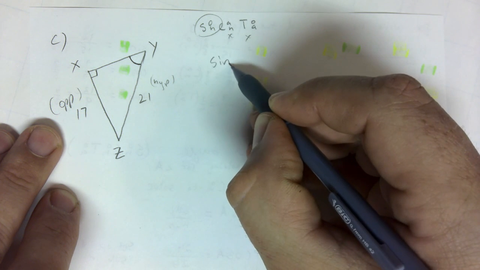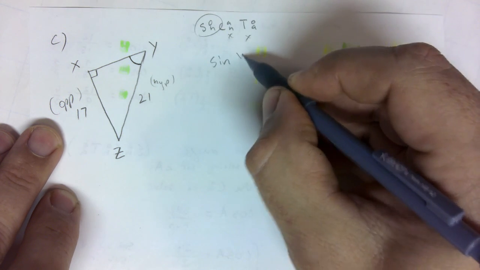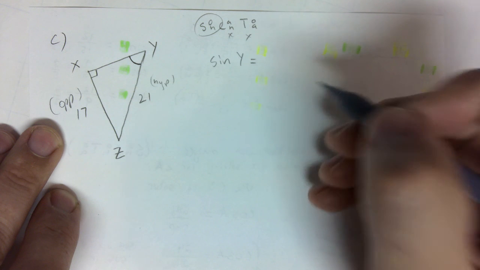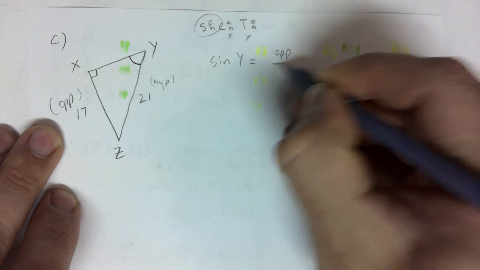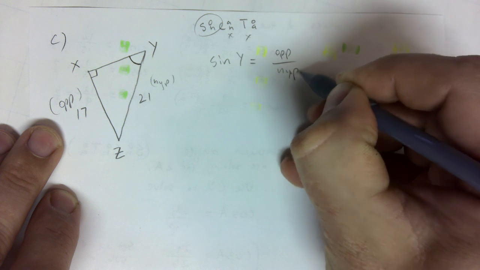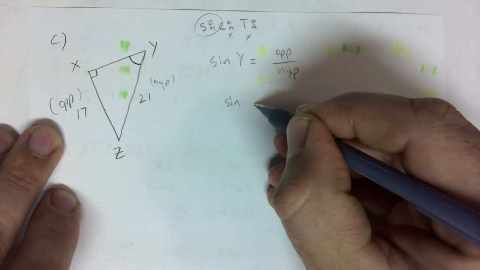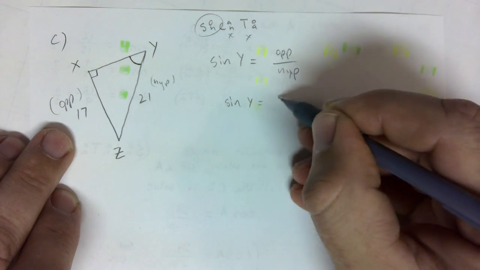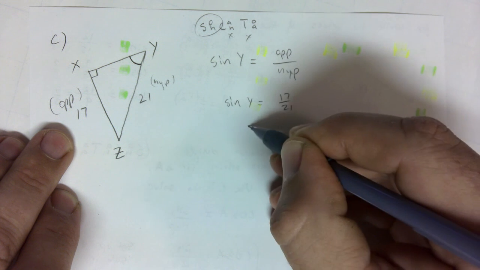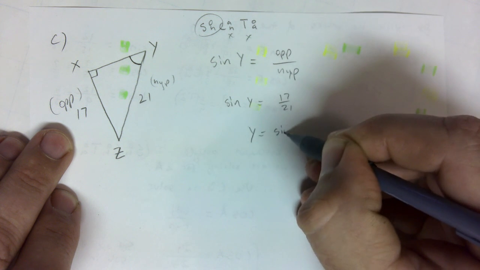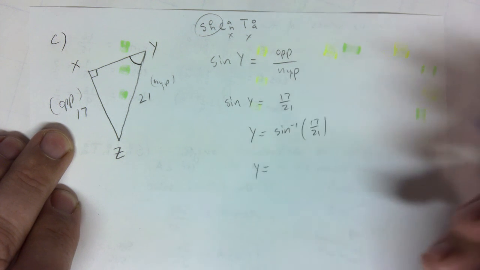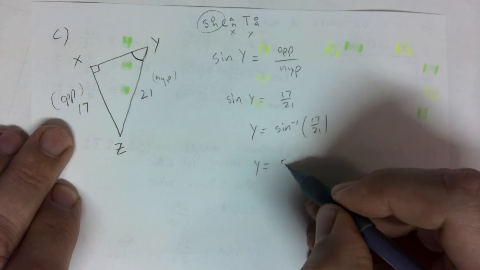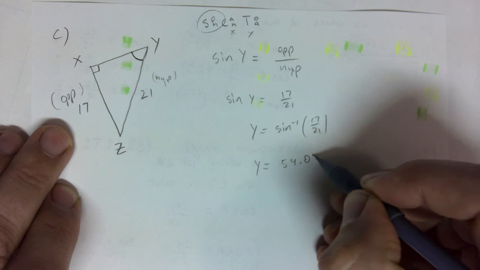So sine of y, don't just put sine, don't just put y, okay, is going to be opposite over hypotenuse. Sine of y is going to be 17 over 21. Y is going to be sine inverse of 17 over 21. And yes, it's 54.05 degrees.